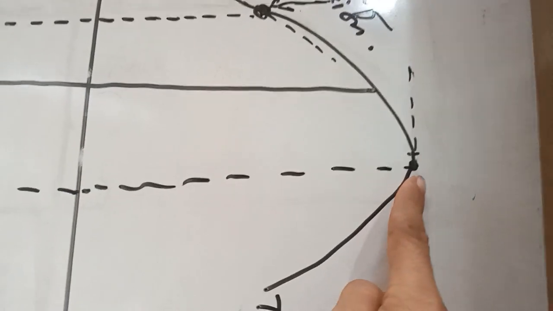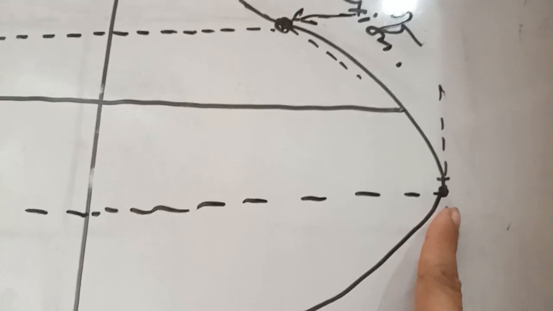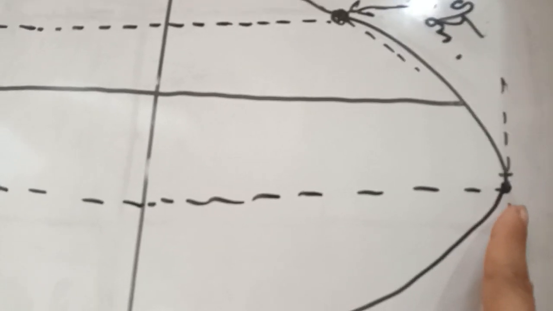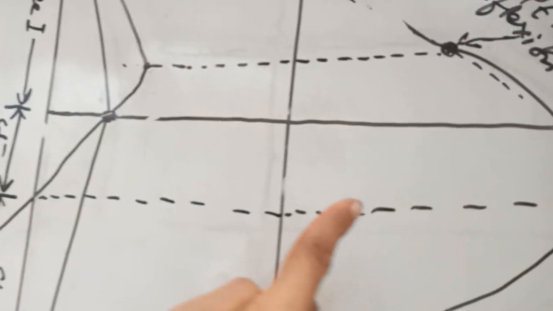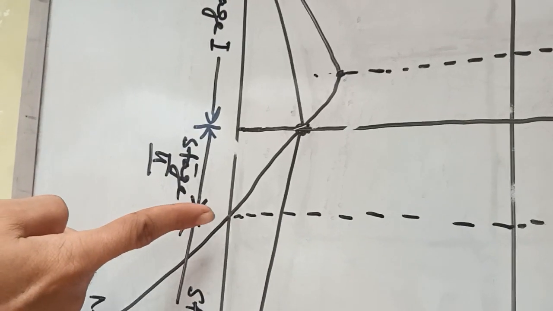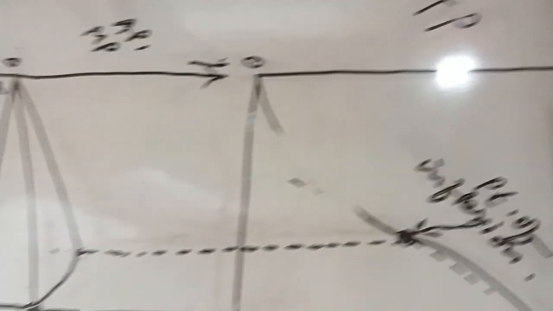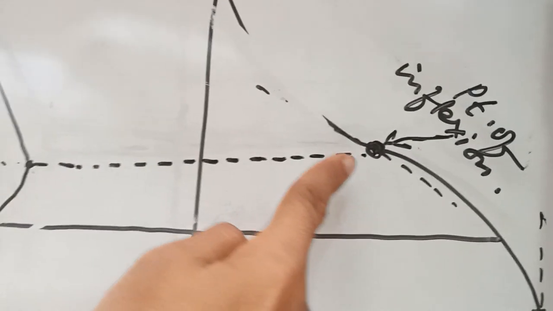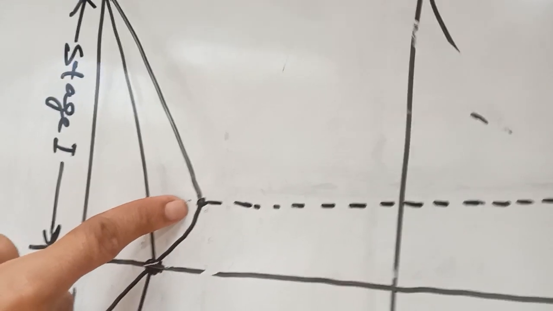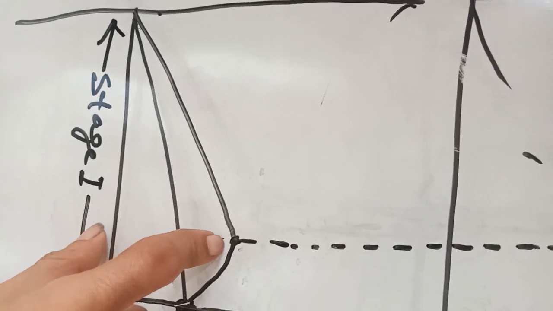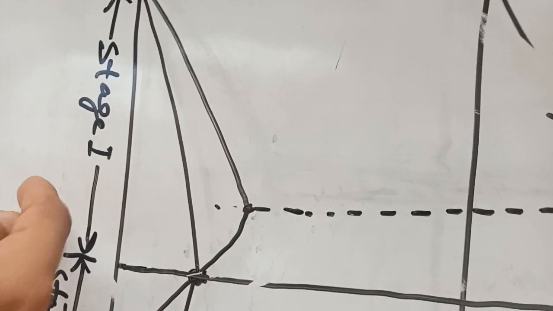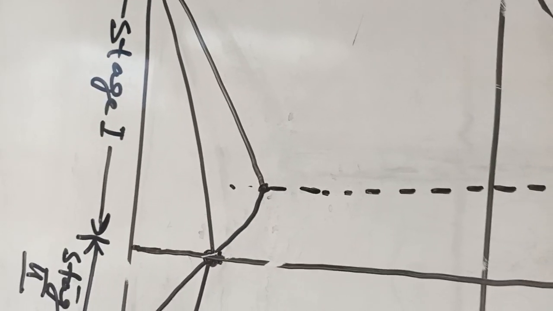One from the highest point where the TP has reached the maximum and is just about to fall; from that, a vertical dotted line is drawn till the x-axis of the lower panel graph. Another dotted line is dropped from the point of inflection, and you stop at a certain point above the x-axis. I would advise you not to draw till the x-axis. It would be easier for you.